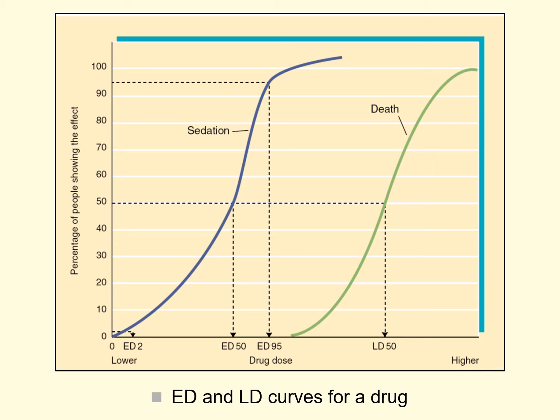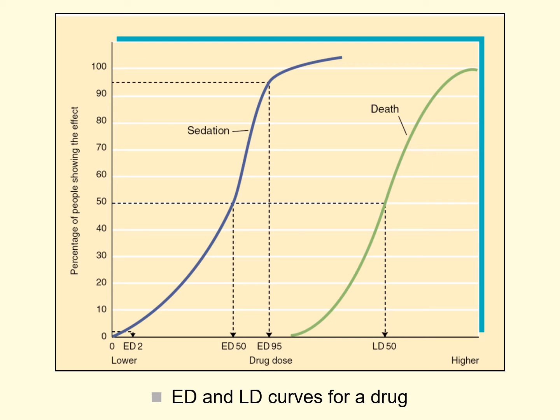But that point would lie beneath the green line for the lethal dose. So we could get a dose high enough that 100% of the people get the effect, but at that point some of the people who got that high dose would be expected to die from it. And indeed, if we kept on giving higher and higher doses carelessly, we'd expect more and more people to die.